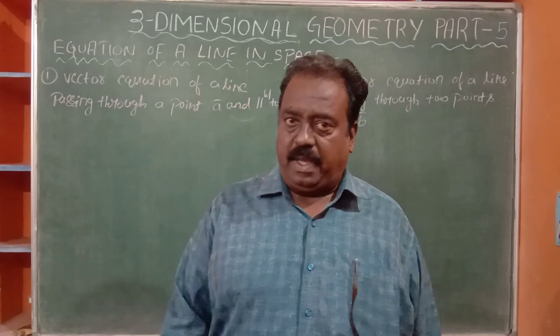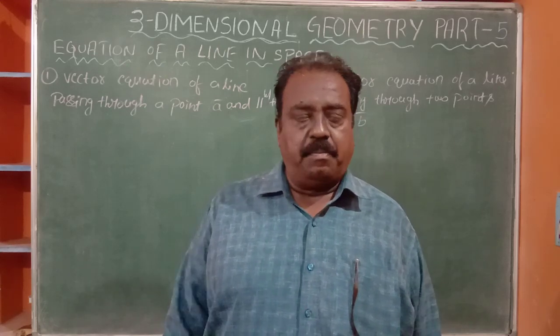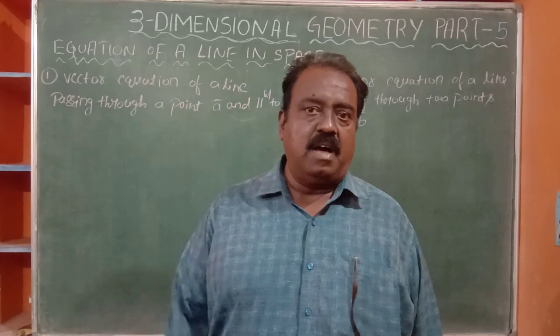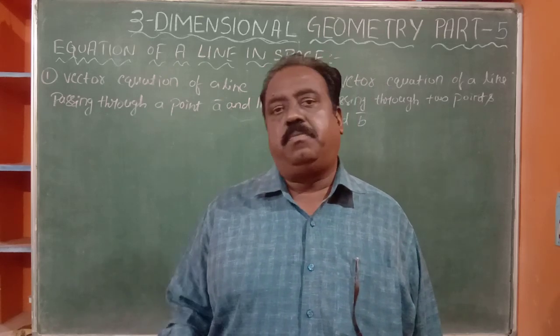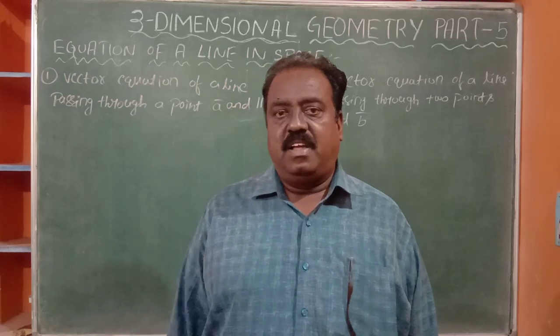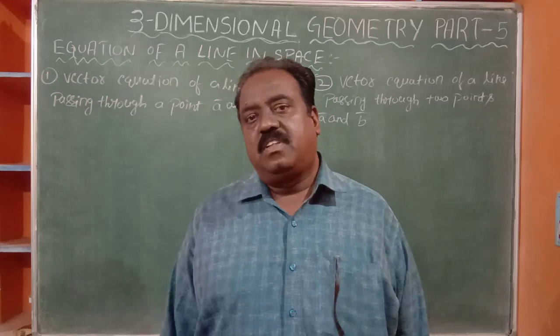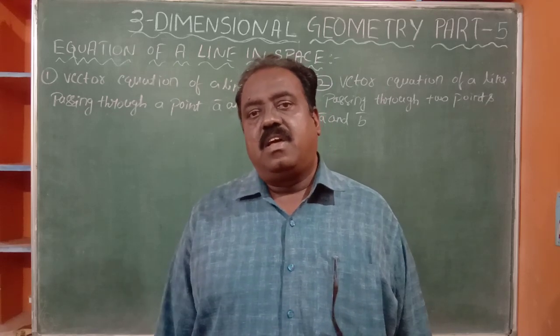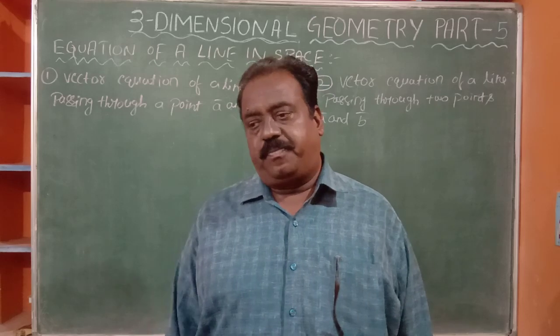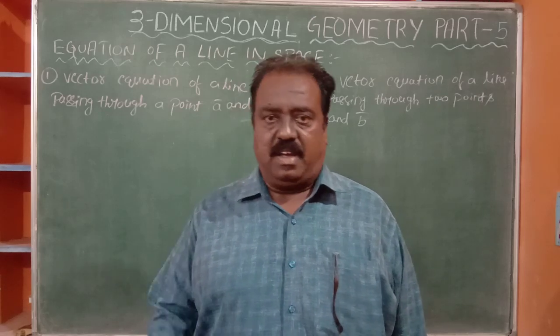P is a point, O is the origin. It makes some angles alpha, beta, gamma, then cos alpha, cos beta, cos gamma are the DCs. And DRs are 3 numbers, 3 constants which are proportional to the DCs. DCs and DRs.